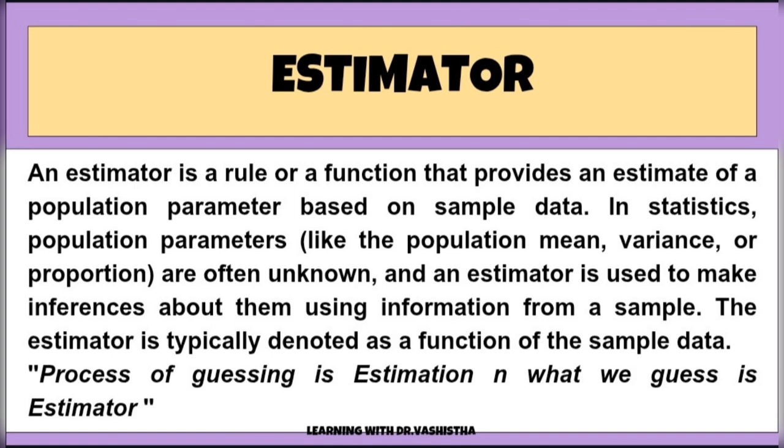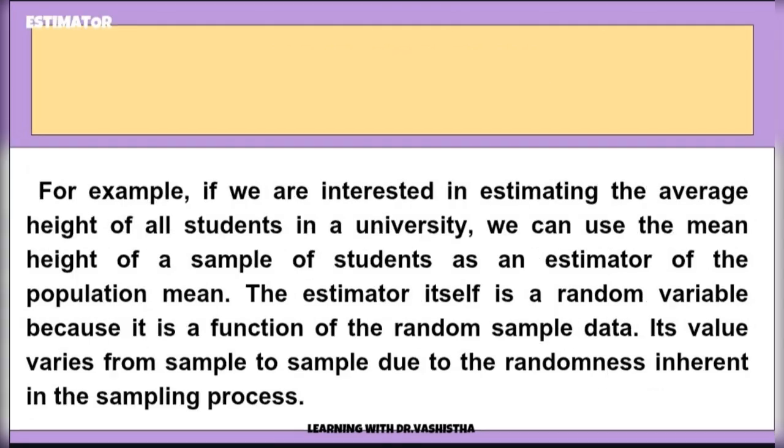And that is why it is typically denoted as a function of that sample data. I have taken a very simple example to explain. For example, if we want to estimate the average height of all students in a certain university, we can use the mean height of a sample of students that we have taken out of that entire population of the university, and we can use it as an estimator of that population mean.